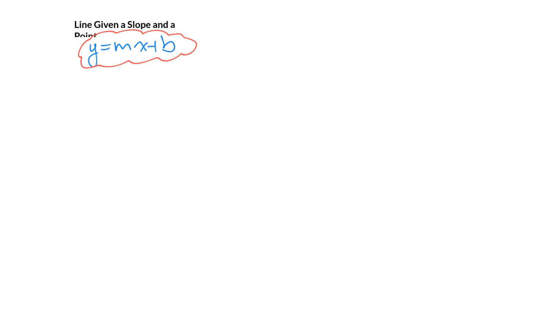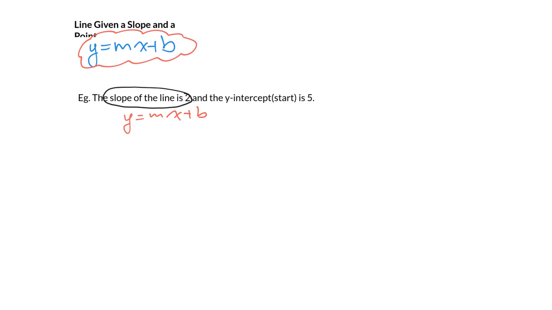Now, the next thing that I'm going to do is tell you how to create an equation if I give you the slope and the y-intercept. Suppose I give you this problem. The slope of a line is 2 and the y-intercept is 5. Then your basic equation is always going to be y is equal to mx plus b. They tell us that the slope of the line is 2.